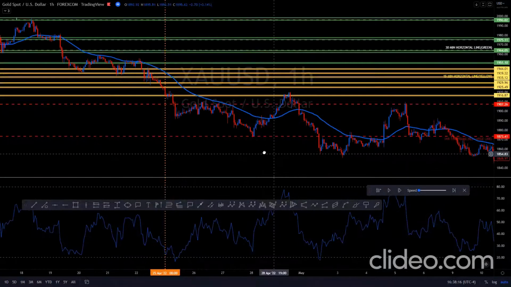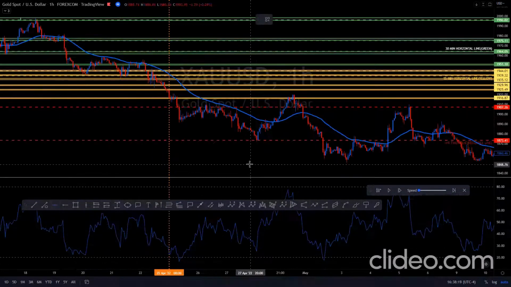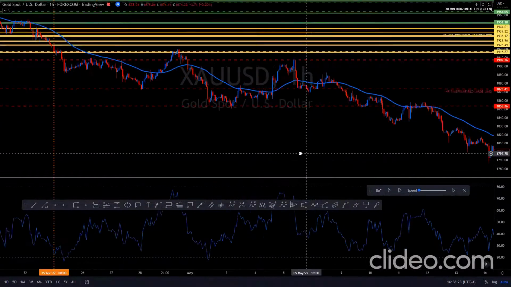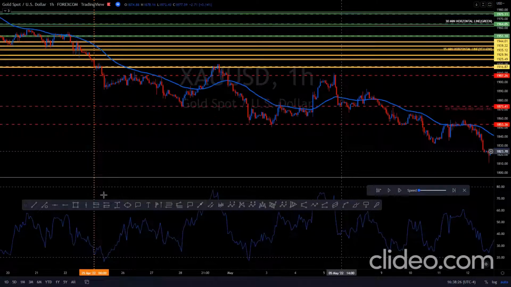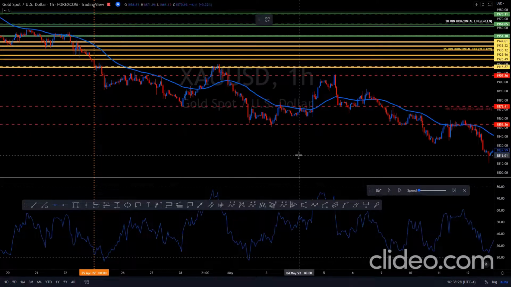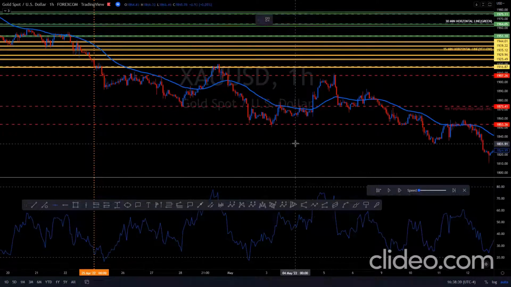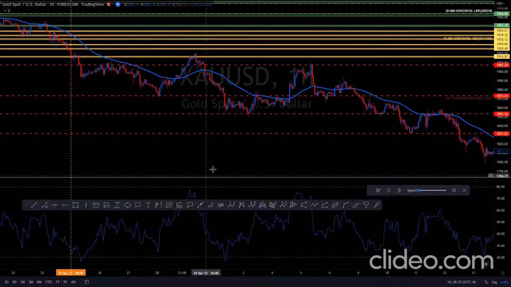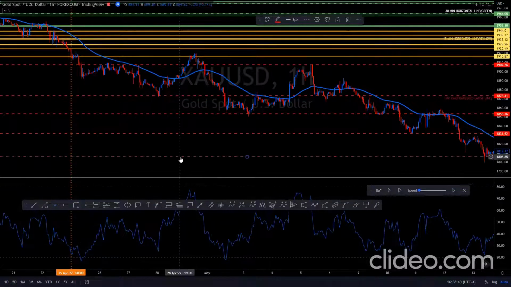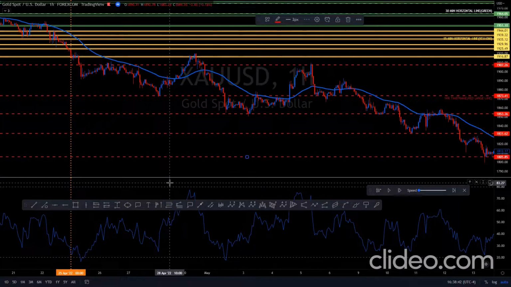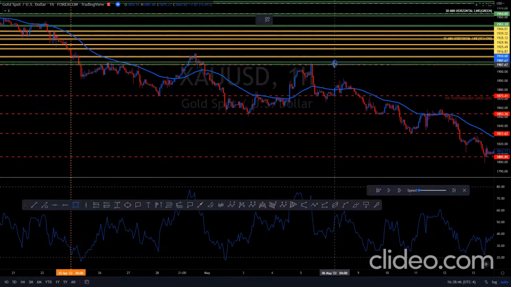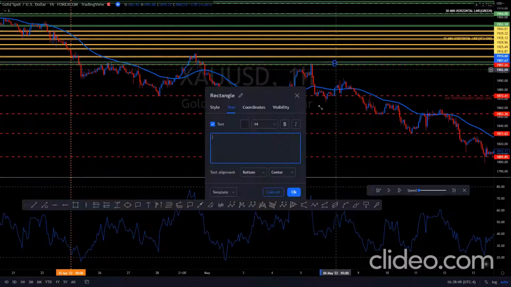Went all the way down to here. Expected that there. And then we kind of see it even down to here, a base demand zone, and then down here. All right. So now what we're going to do is draw our zones in these areas.